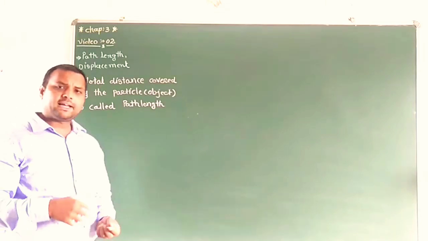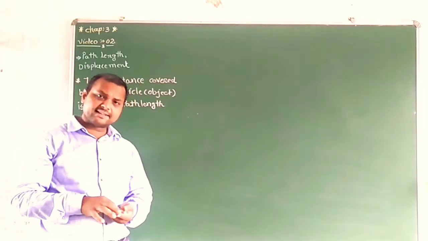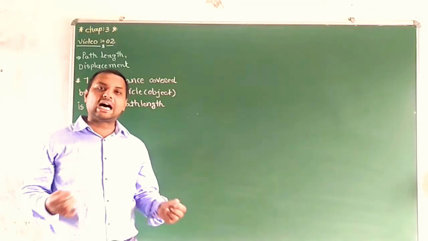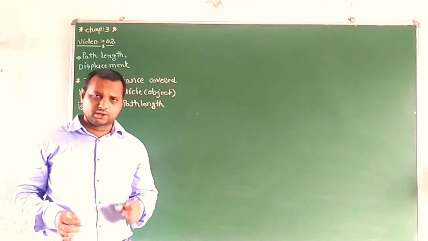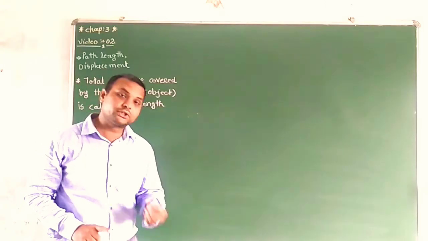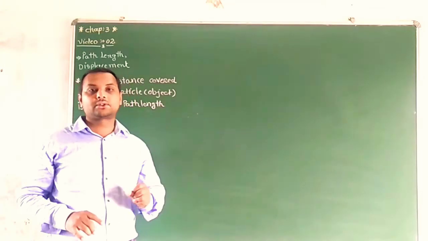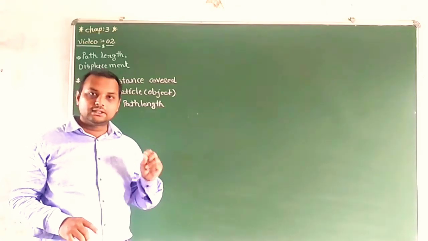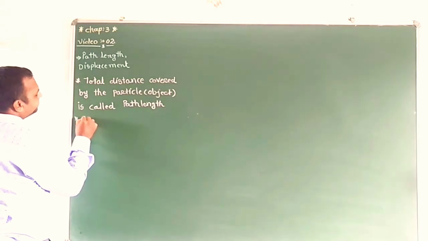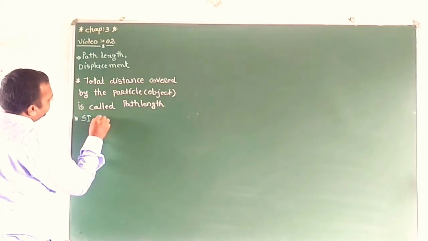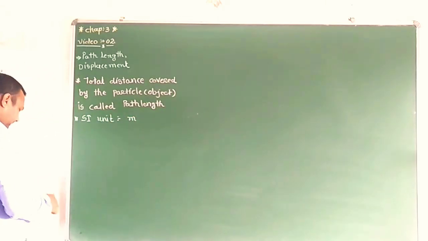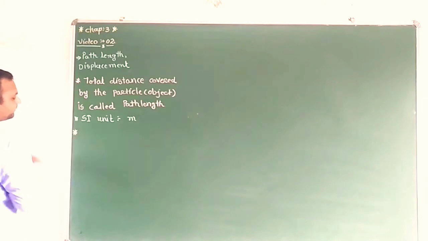It is indicated by x, delta x, s, delta s, whatever you can take. It is also indicated by r, delta r also. Choice is yours, but it is always measured in meter because it is distance, and we have learned in the SI system the distance is always measured in the meter. So, SI unit: meter.